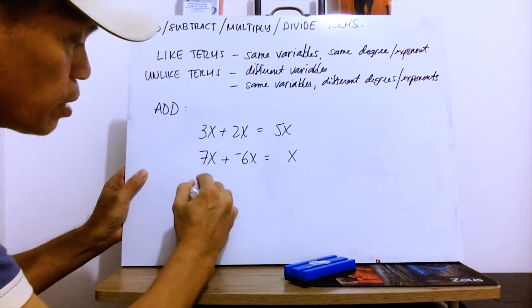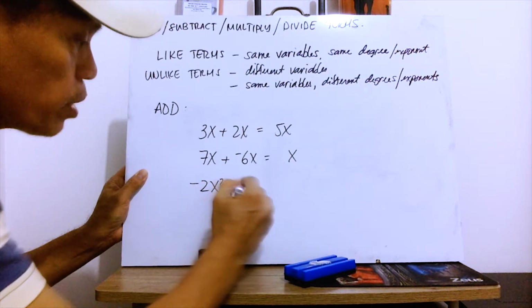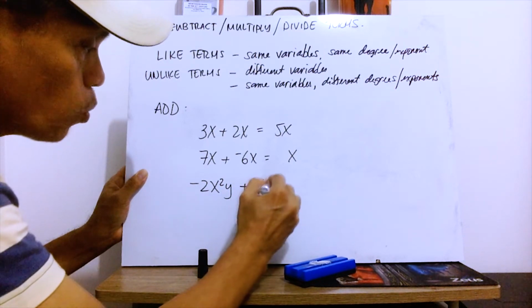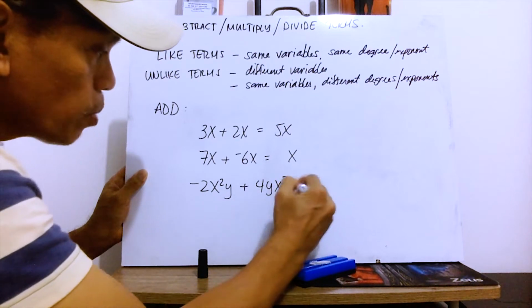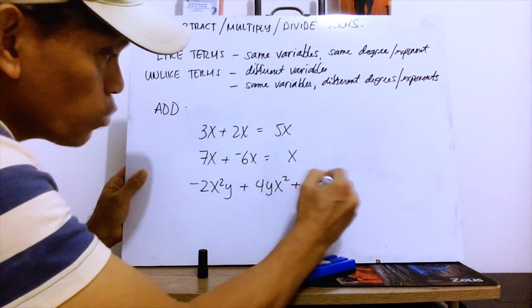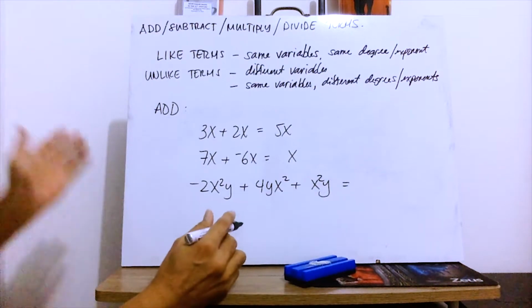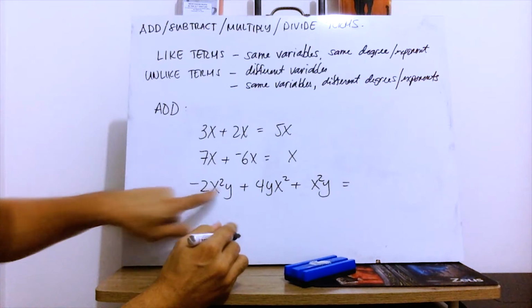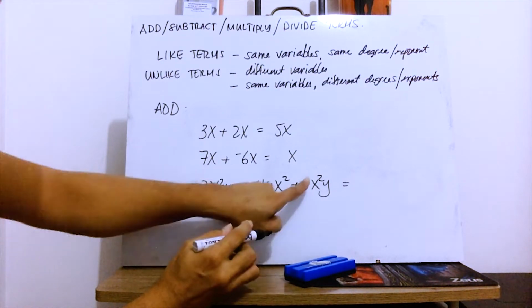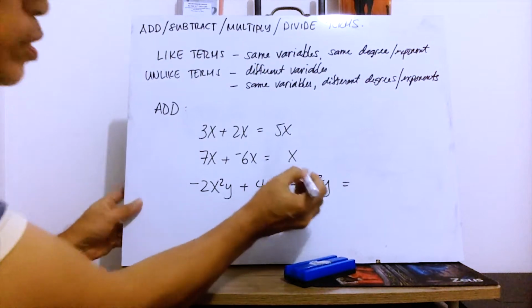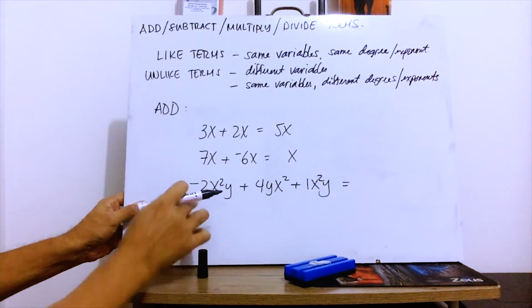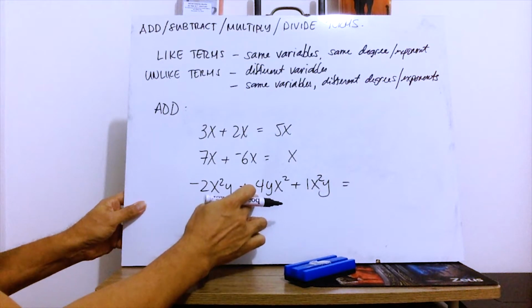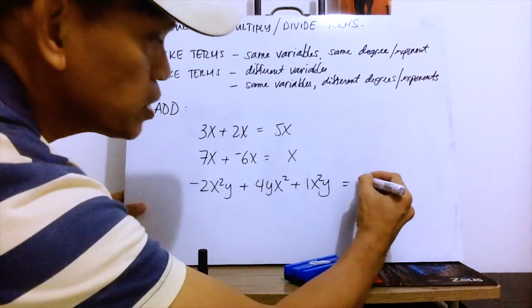Okay? Negative 2x squared y plus 4yx squared plus x squared y. That will give us negative 2, 4, and 1. You can put 1 here, why not? Negative 2 and 4, that's positive 2, then 1, that'll give us positive 3.